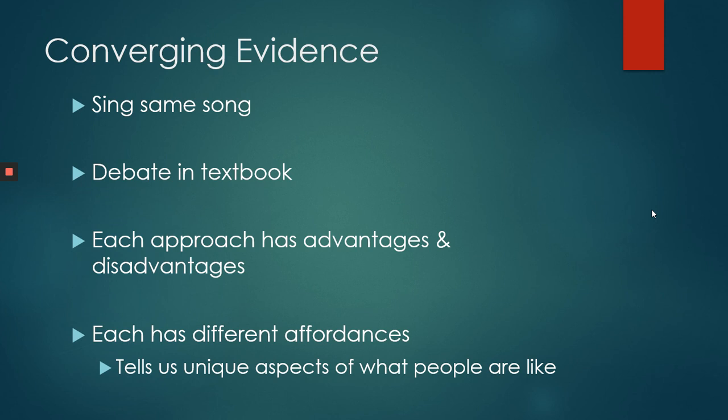And so basically, if some researchers take a nomothetic group level approach and some take a single subjects idiographic approach, and if the findings from those studies sing the same songs, say the same things are going on, then we have a lot of evidence for our hypothesis, for our explanations about what's going on, because we are able to see it in both those approaches to research.